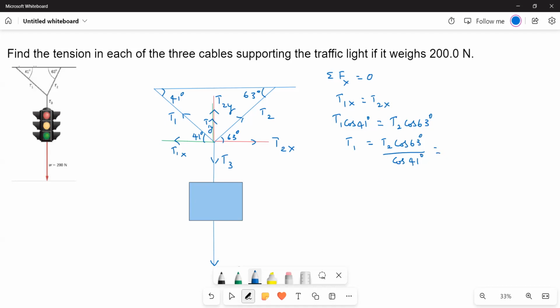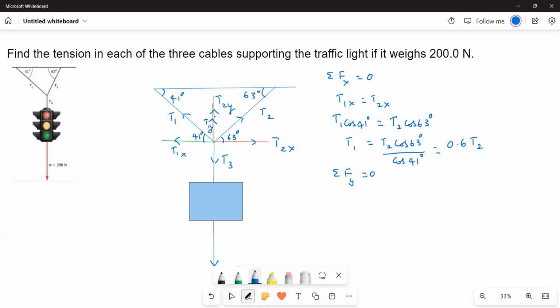Let us calculate this one. Cos 63 divided by cos 41 is equal to 0.6. Therefore, T1 is equal to 0.6 times T2. Now we will write the y component forces. Sigma Fy is equal to 0. What are the y component forces?